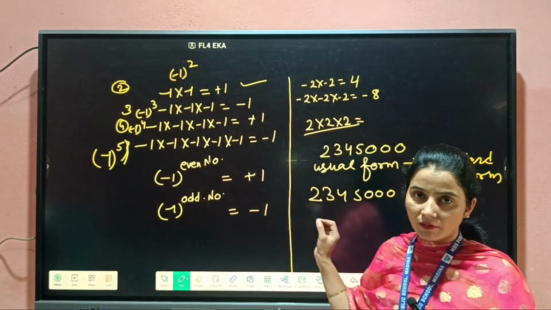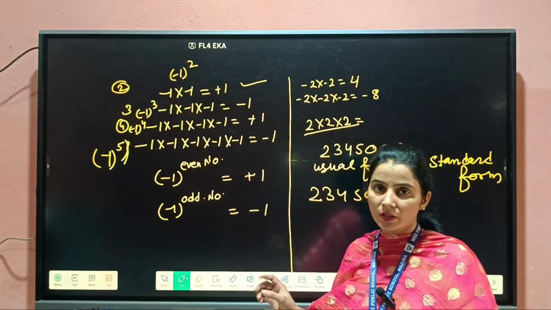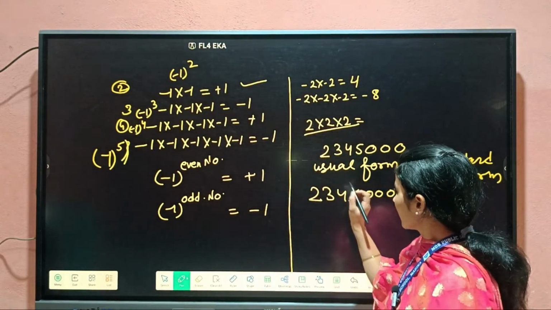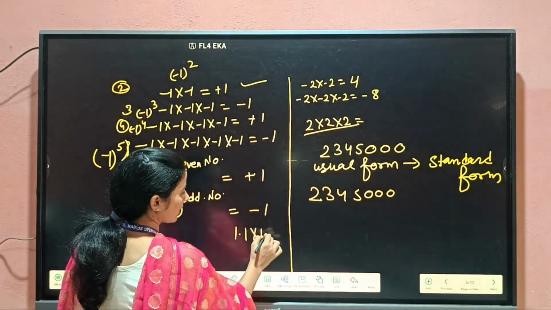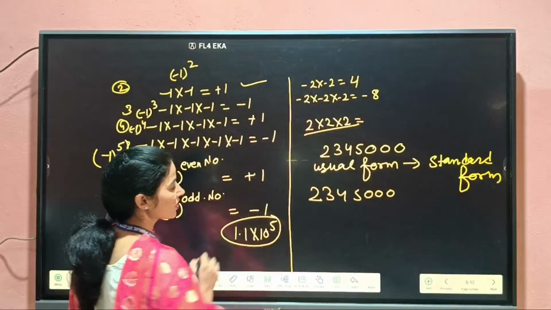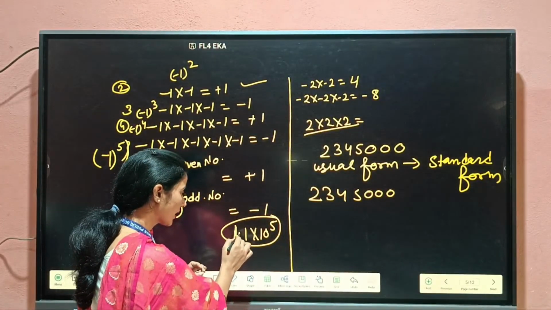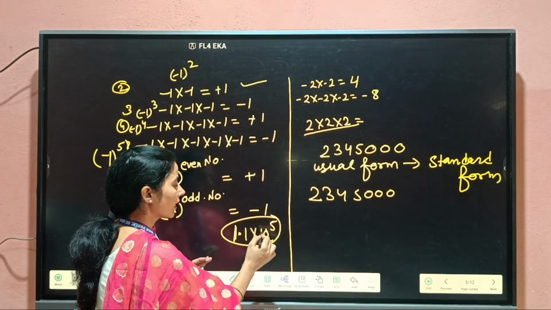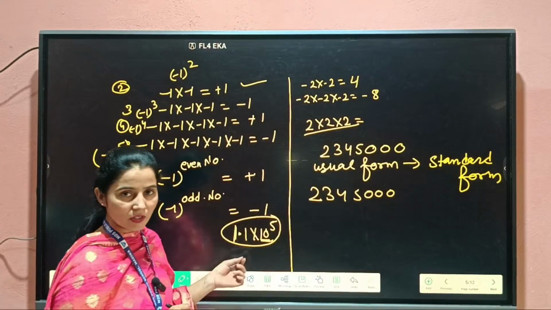After one digit, I will insert a decimal, and then I will write that number into 10 raised to power something. Like this number will be 1.1 into 10 raised to power 5. This is called standard form. Leaving one digit, after one digit, you will get a decimal, and then 10 raised to any power. This form is standard form.